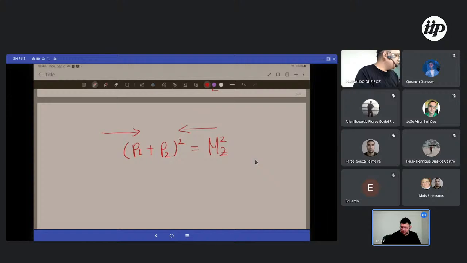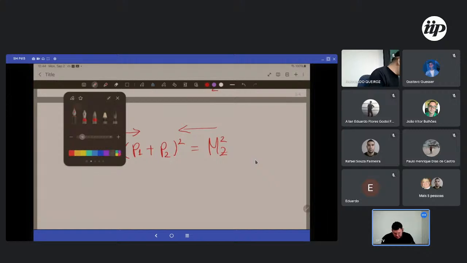So to solve that, we need to use special relativity again. We do a transformation, that is the boost transformation. The boost transformation, for example, is the following matrix. The transformation is a matrix in that sense.